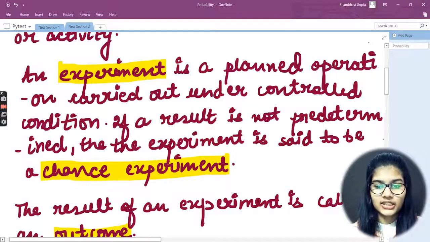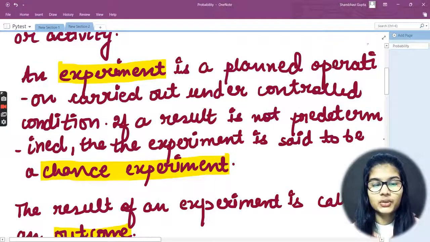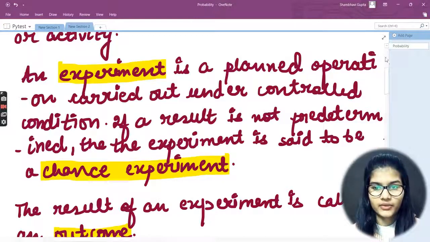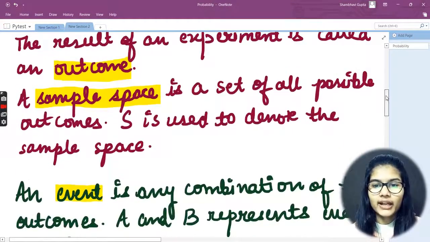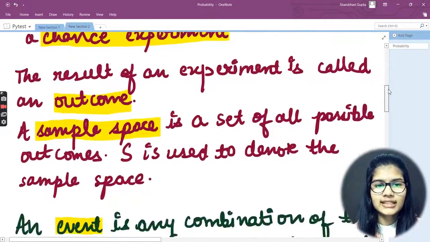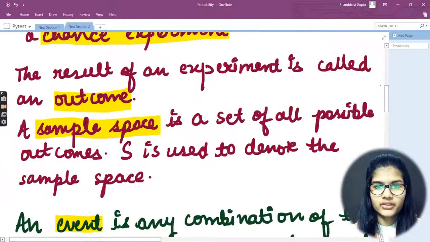If a result is not predetermined, then the experiment is said to be a chance experiment. What we mean by outcome is the result of an experiment; the result of an experiment is called an outcome.